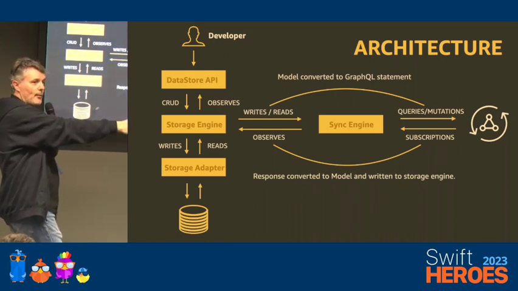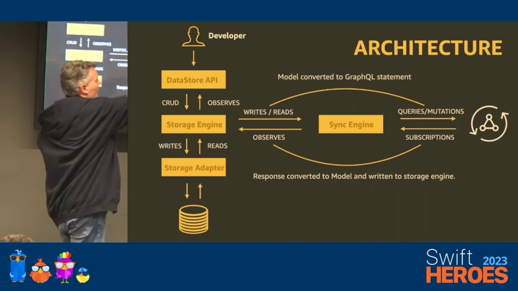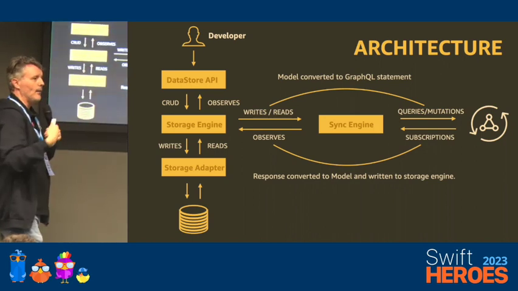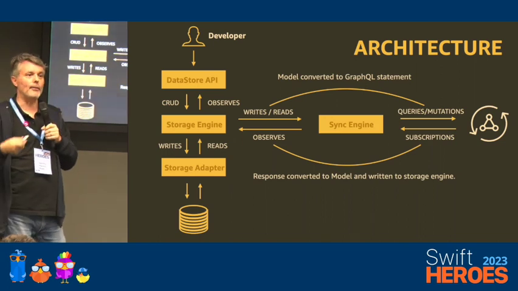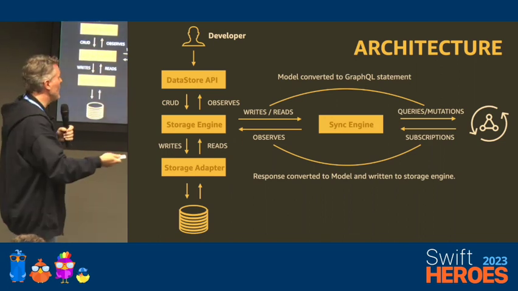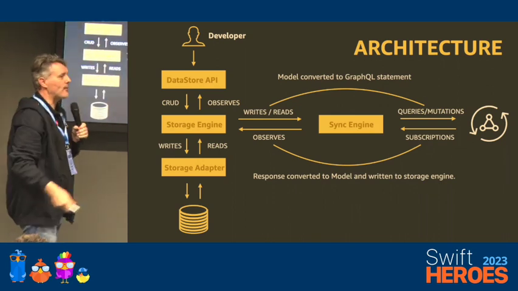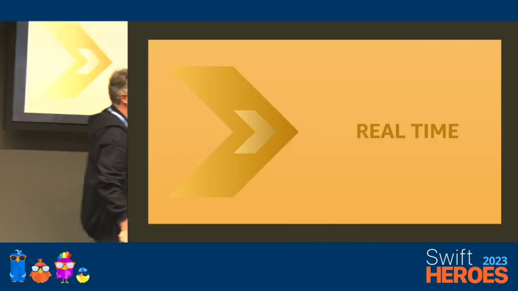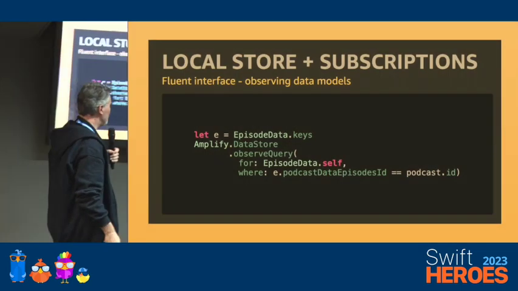One way is from your application to the GraphQL server to write your data into the cloud, and one way to listen to changes as they happen in the cloud, maybe made by another user or the same user with a different application. And you, the developer, the application, can subscribe to these changes to be notified when something happens, and that's the real-time part of Amplify.